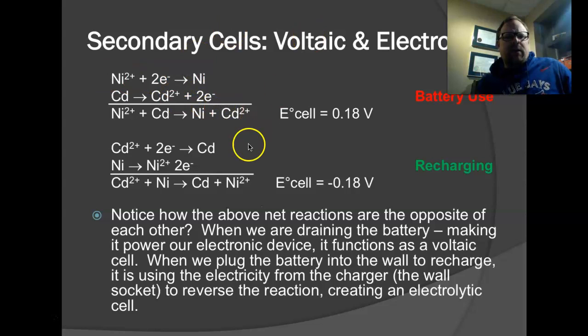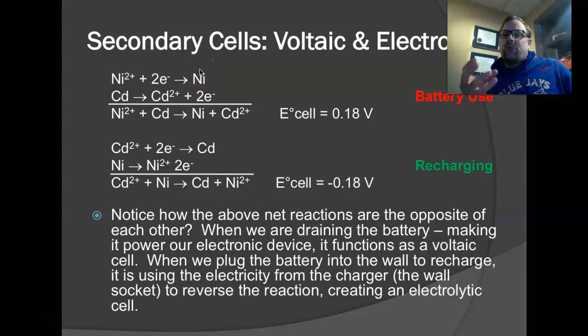The electrons being transferred here go through the circuit that runs whatever device we're operating. And slowly but surely that cadmium electrode breaks down and that nickel electrode gets bigger.